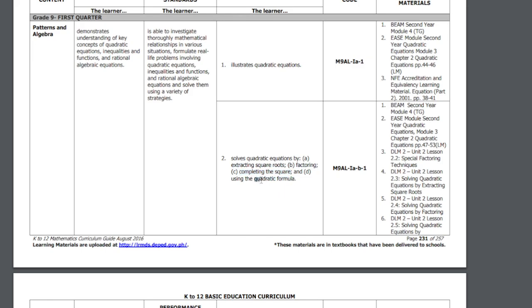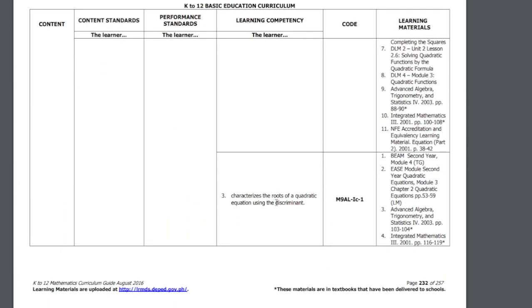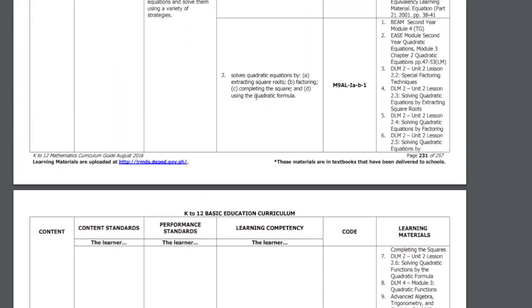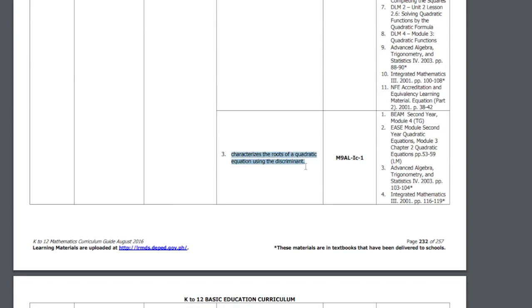The quadratic formula is the go-to way to solve quadratic equations. In one part of the quadratic formula there's a very important aspect, the discriminant, because the discriminant is inside the quadratic formula. We're going to learn about that in this video.